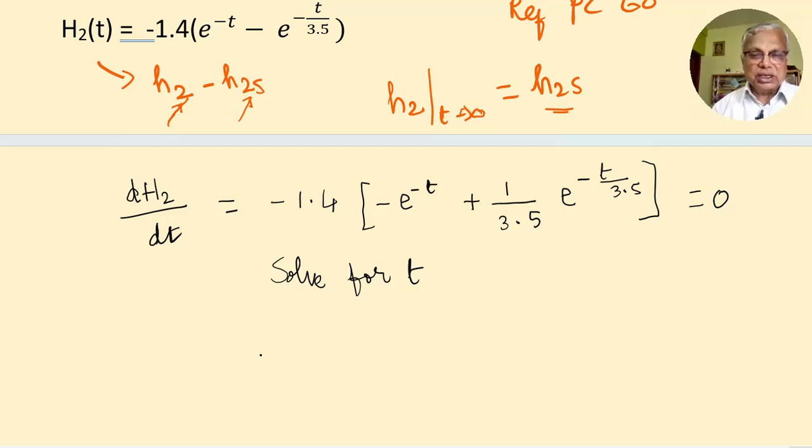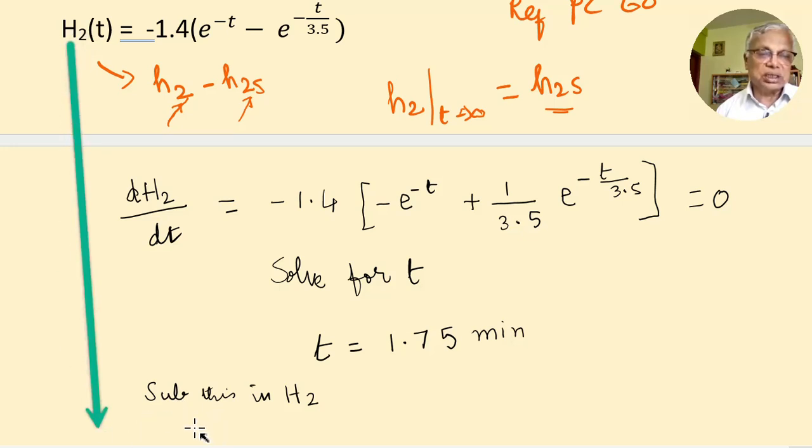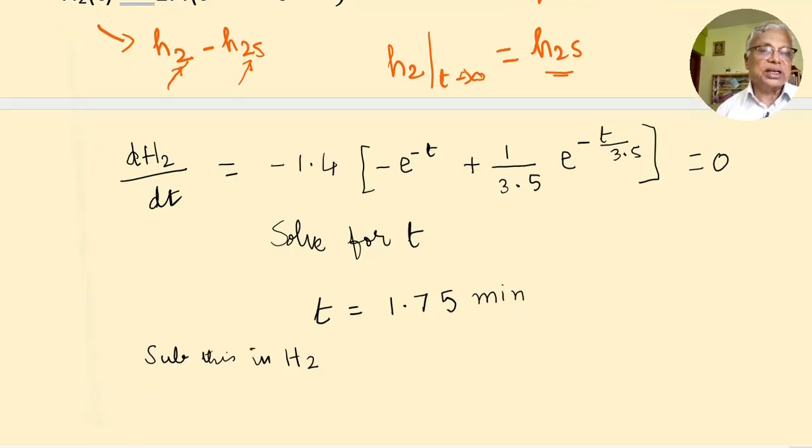If you solve this for t, you will get t equal to 1.75 minutes. Now substitute this in H2, and you'll get H2 max.